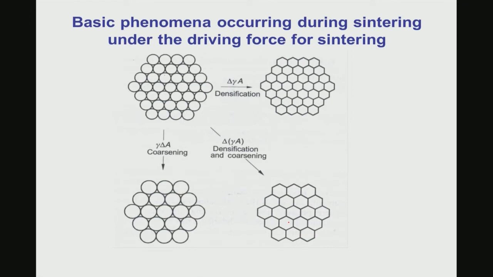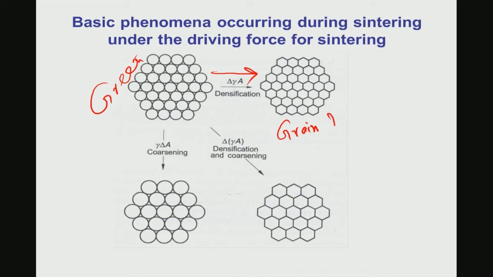Now, the basic phenomenon that occurs due to sintering is essentially what I have shown here. This is the spherical powder particles, which is in the green compact. These spherical shaped powders will undergo densification, then it gets a hexagonal array of the grains. Now, this is your grain microstructure.